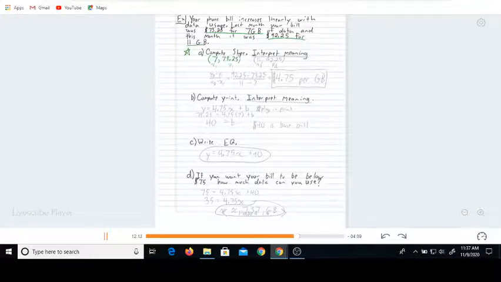So at 7 gigabytes, the bill is $73.25, and at 11 gigabytes, the bill is $92.25. So there's 4 numbers there, but those 4 numbers really represent 2 data points, right? 7 gigabytes for $73.25, 11 gigabytes for $92.25.